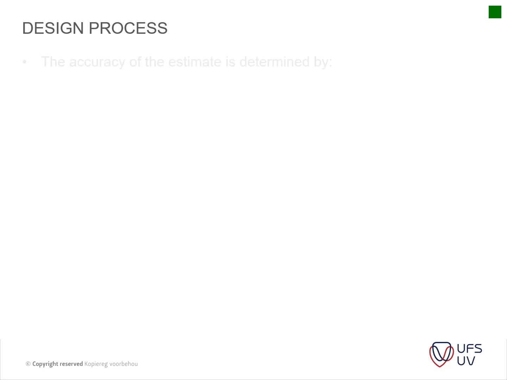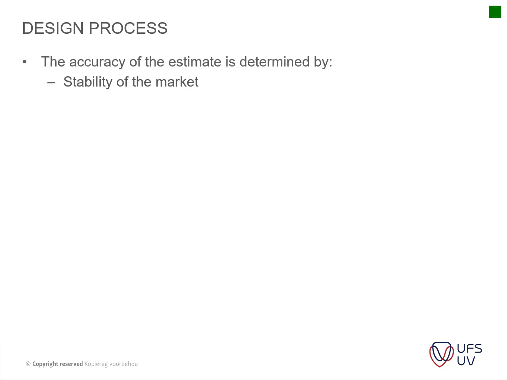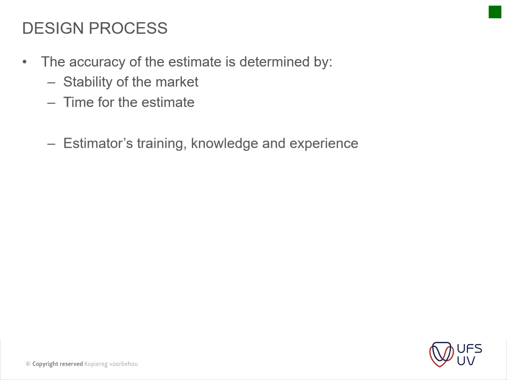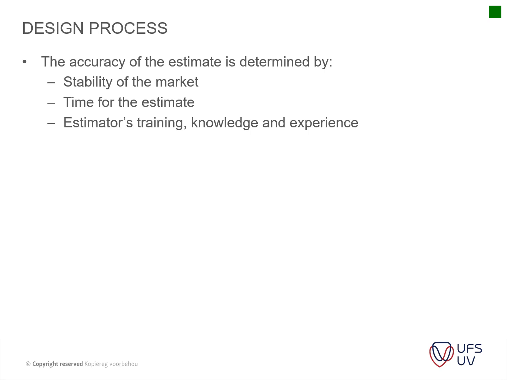Then you've got your design process. The accuracy of the estimate is determined by the stability of the market, the time of the estimate, the estimator's training, knowledge and experience. Accuracy of information is very important. If you select a certain type of tile, for instance porcelain in comparison to ceramic, it will have a big influence on the cost.